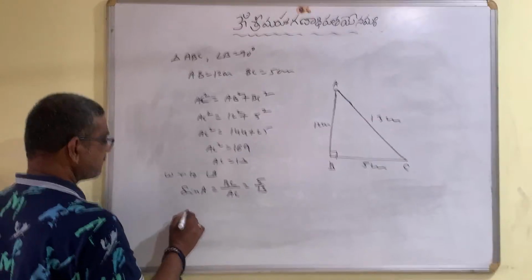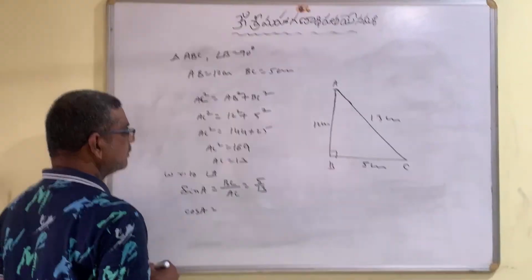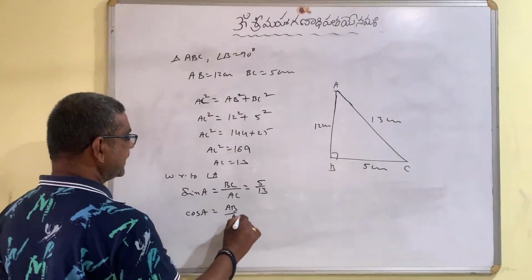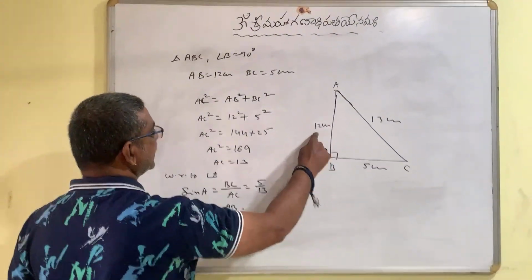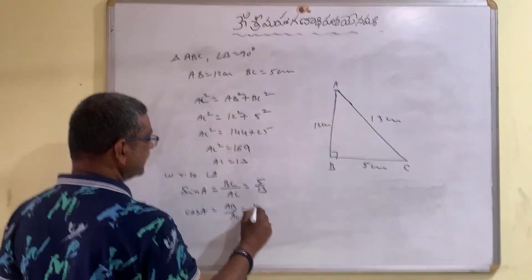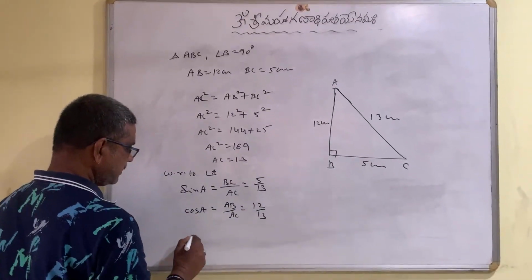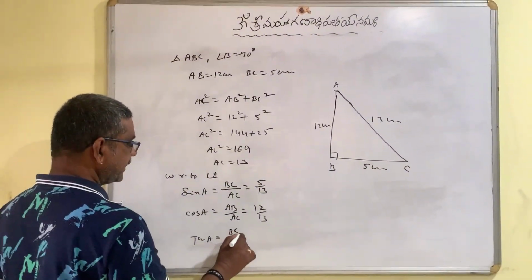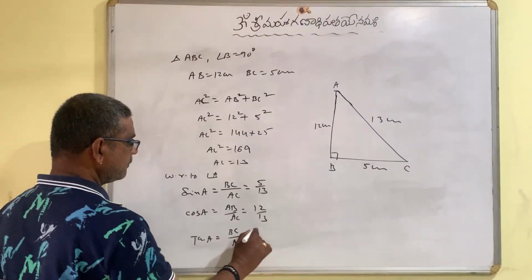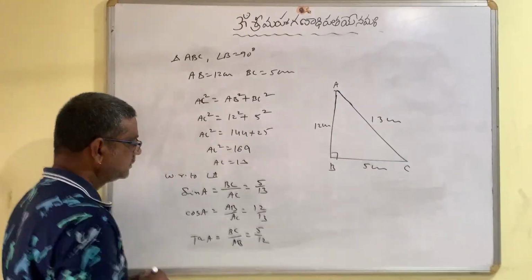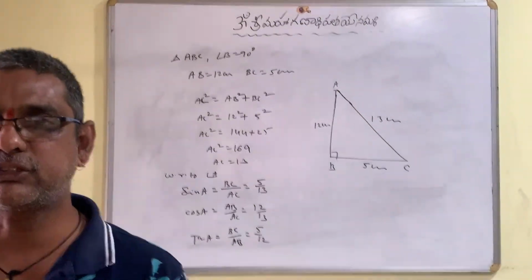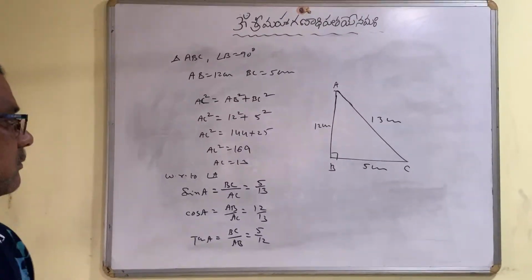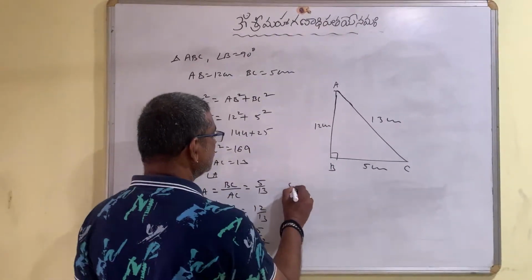Now cos A, AB by AC, side adjacent to angle A by hypotenuse, 12 by 13. Tan A, side opposite to angle A by side adjacent to angle A, 5 by 12. So these are the three main ratios. Now their reciprocals.